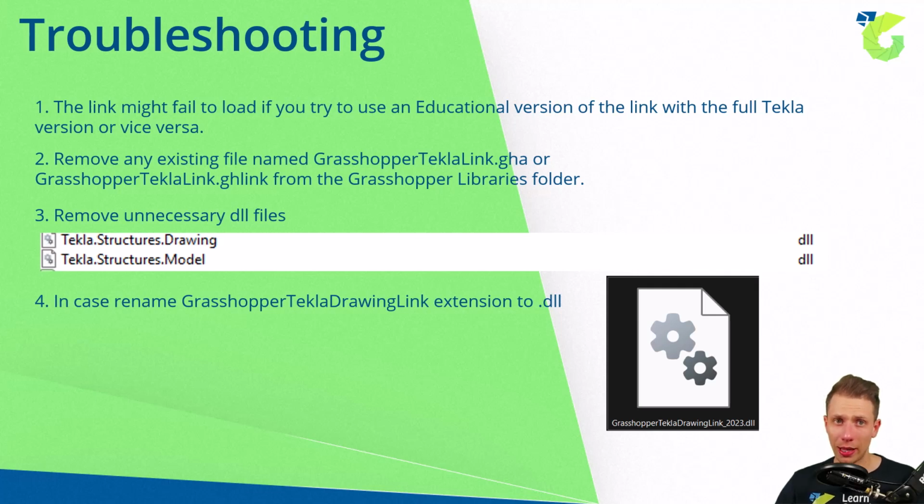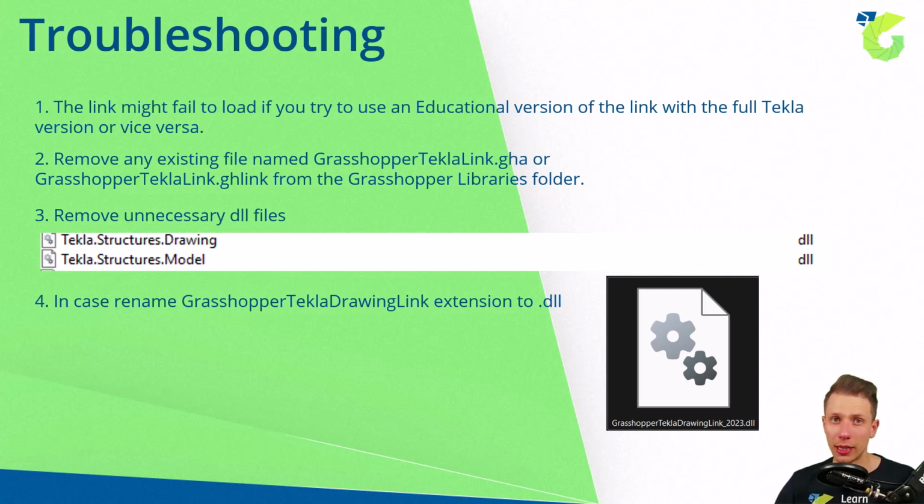Sometimes you can also have DLL files. For example, number 3, you have Tekla Structures drawing DLL and Tekla Structures model DLL. Some people have them because of the C# component and accessing the Tekla API, but they're not necessary, and actually they can make conflicts.